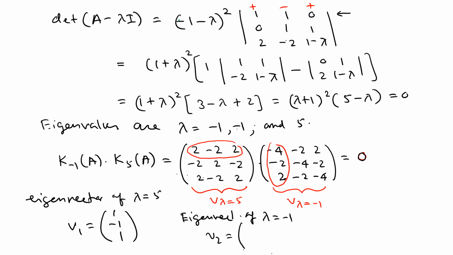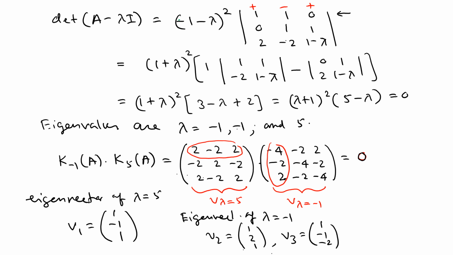I'm going to pick the second column and divide by -2, so you're going to get 1, 2, 1. And also we can pick the third column, and divide it by 2. If you do that, you're going to get 1, -1, -2.